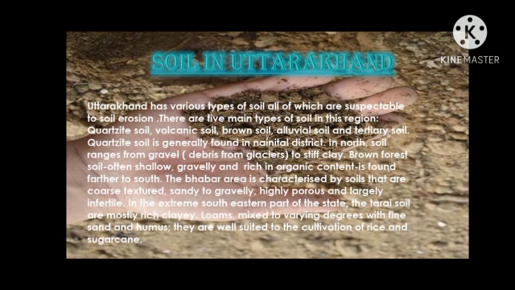The Bhabar area is characterized by soils that are coarse textured, sandy to gravelly, highly porous, and largely infertile. In the extreme southeastern part of the state, the terai soils are mostly rich clay loams mixed to varying degrees with fine sand and humus. They are well suited to the cultivation of rice and sugarcane.